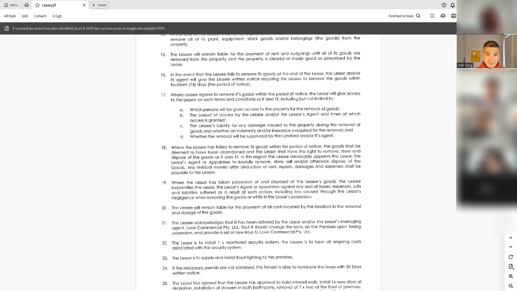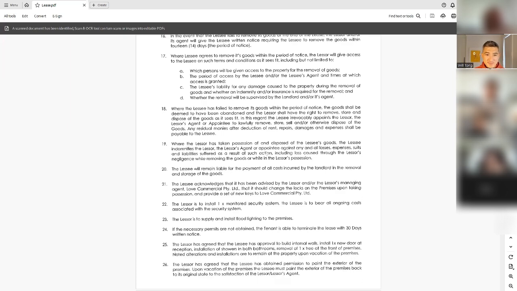And then there's make good here, where the lessee agrees to remove its goods at the end of the lease, the landlord will give access. So some make good in there.